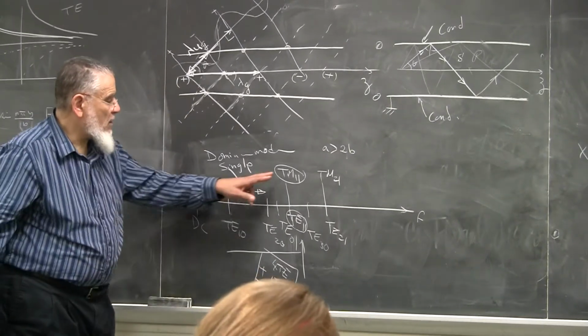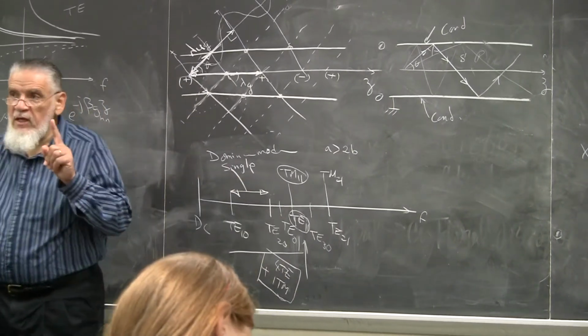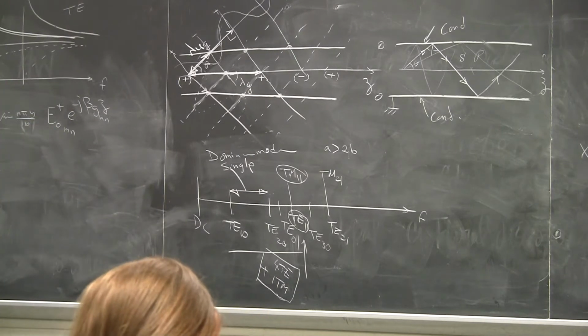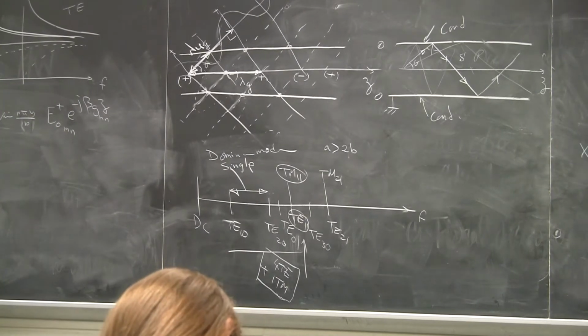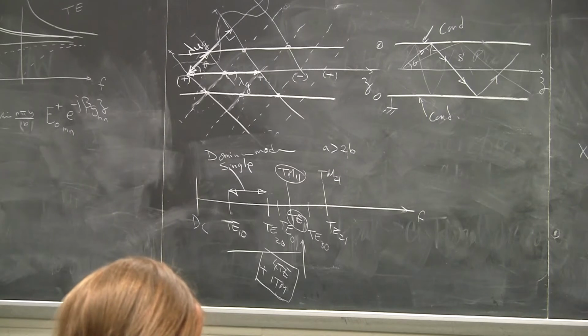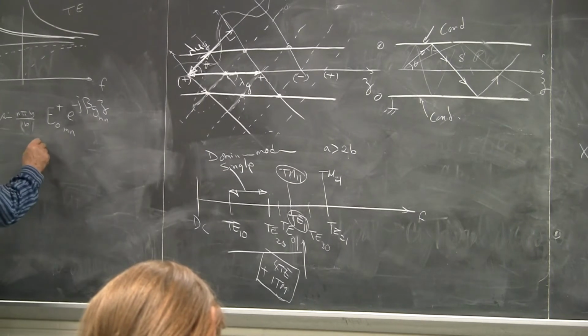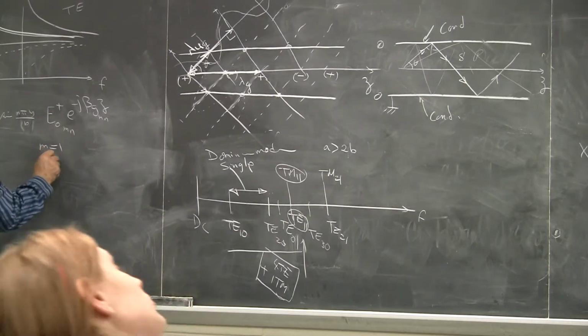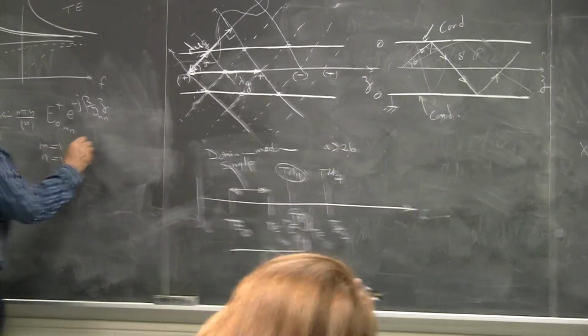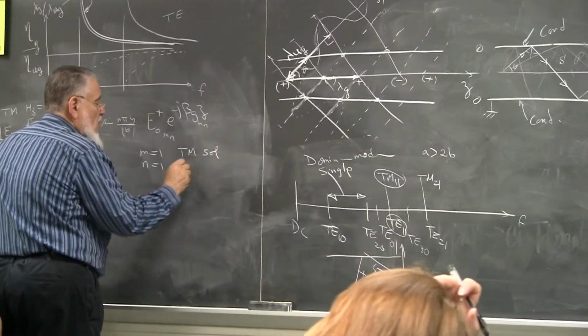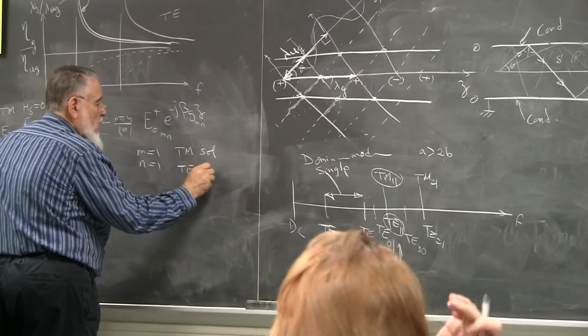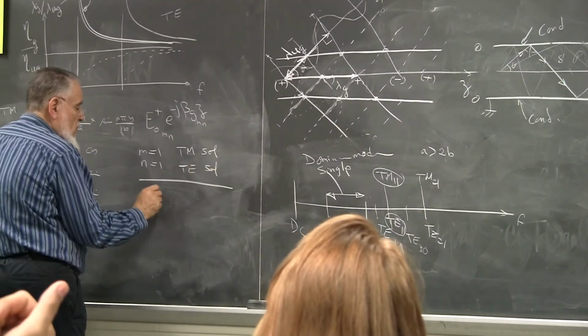So it's obvious that in the 1-1 situation, you have both TE and TM. And that means it's neither, right? For this 1-1 mode here, M is equal to 1, N is equal to 1. You have a TM solution, and you have a TE solution. And remember, we need to worry about the superposition.